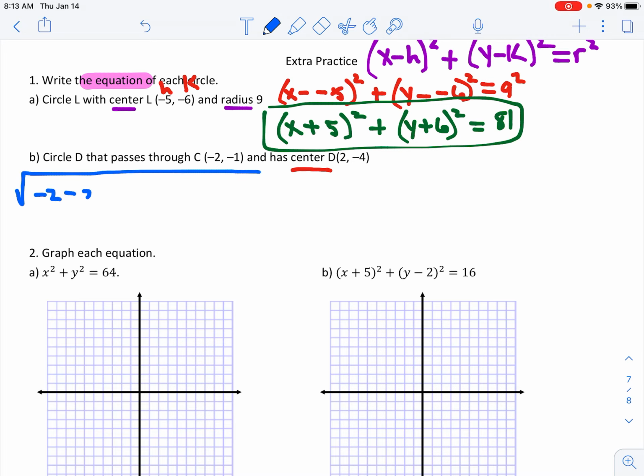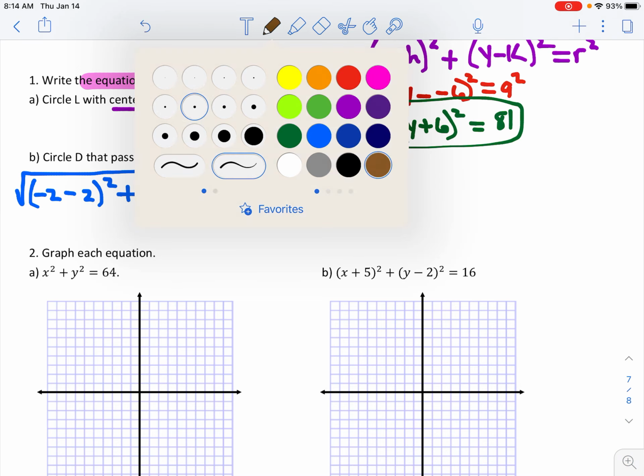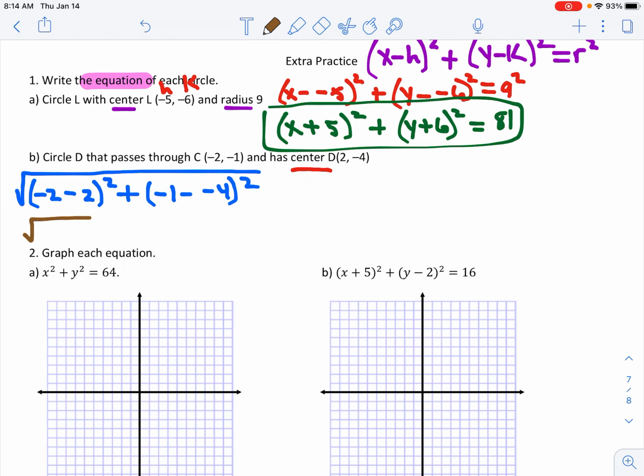Negative 2 minus 2, x minus x squared, plus, let's do our y and stay with the same pattern. Be careful, it's a negative 4, so make sure you plug it in correctly. Let's clean that up. Negative 2 minus 2 is negative 4 squared, plus negative 1 minus a negative 4 will give us a 3 squared.